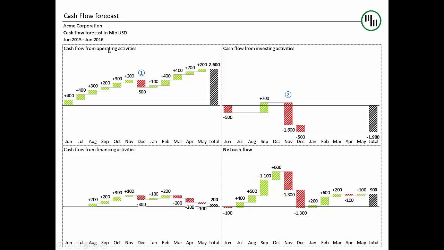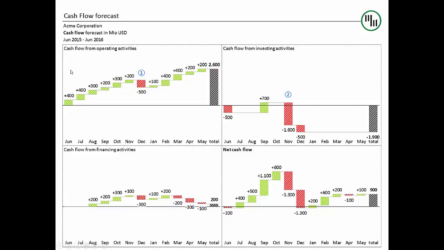Cash flow from operating activities, so from sales, from receivables, and so on. Then from investing activities, this is the second one. And the last one is cash flow from financing activities. And if you add all three types of cash flow, then of course you get the net cash flow.